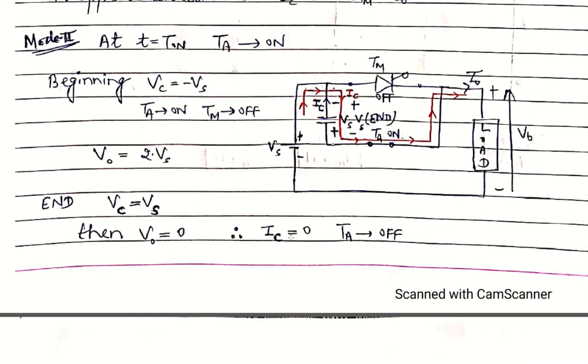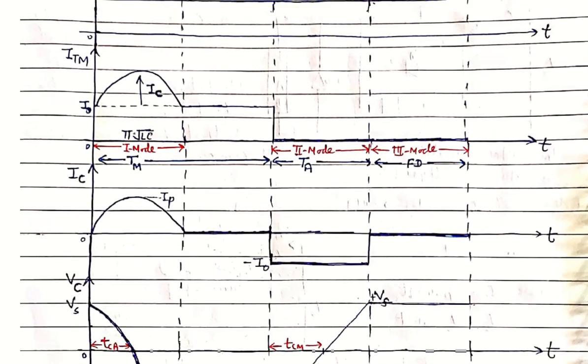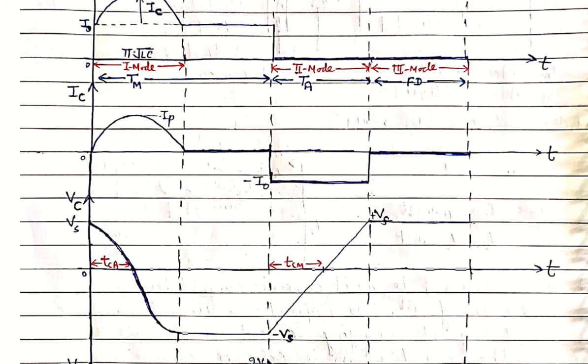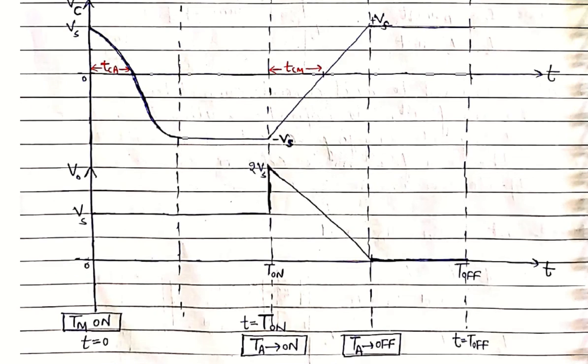So the charging current will be 0 at the end of the second mode, and the output voltage will be 0. This charging current now goes from minus I_0 to 0 at the end of the second mode, and the output voltage falls in a linear fashion from 2Vs to 0.